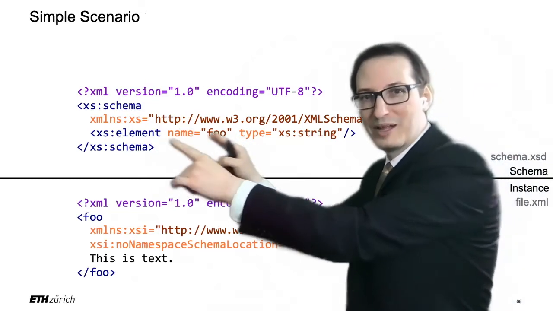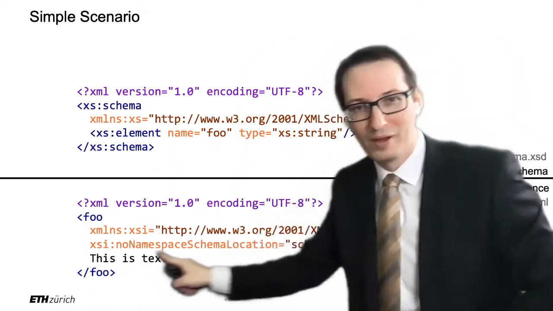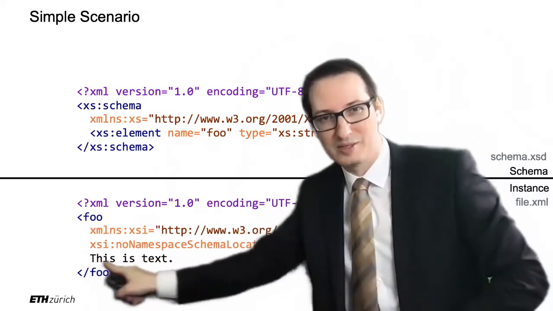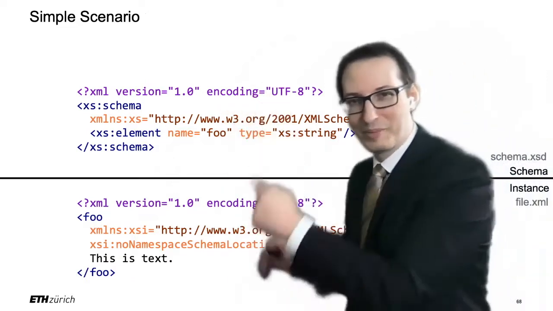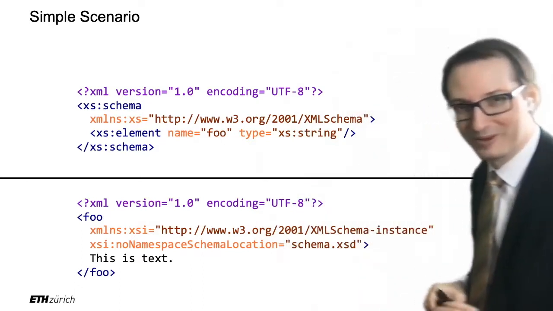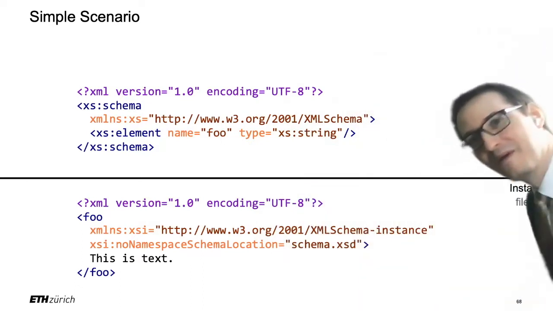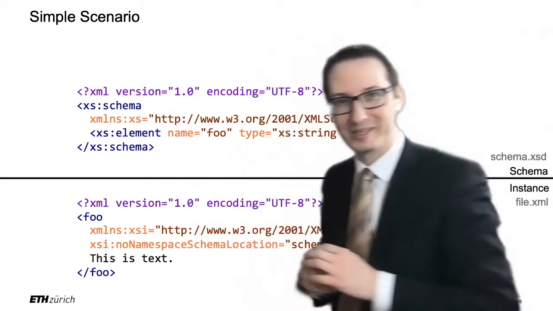So here I have element foo of type string, and this is my instance, element foo with the type that is a string, right? So this is the idea. Now I notice I inverted it compared to JSON. I hope it doesn't confuse you too much. Maybe I should actually swap the top and the bottom here to make sure that it's not confusing. So this is the schema and this is the instance.